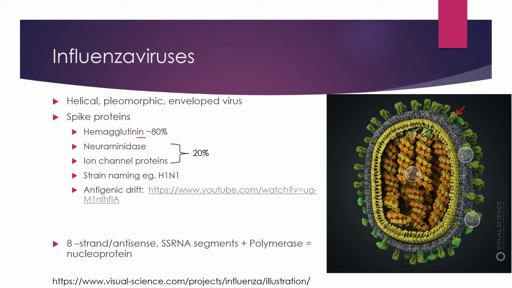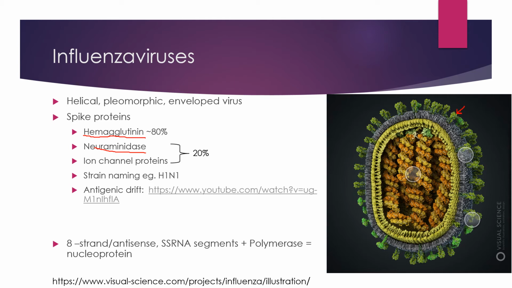So this is hemagglutinin here. It makes up 80% of the spikes. Hemagglutinin's job is to attach to a carbohydrate called sialic acid found on the cells of the respiratory epithelium. The second spike protein is called neuraminidase. Neuraminidase cuts sialic acid off of infected cells.